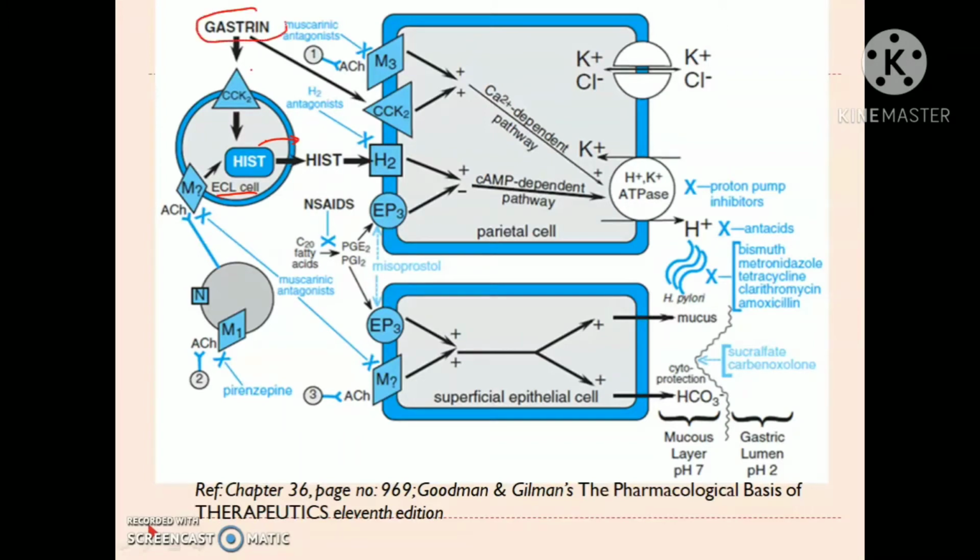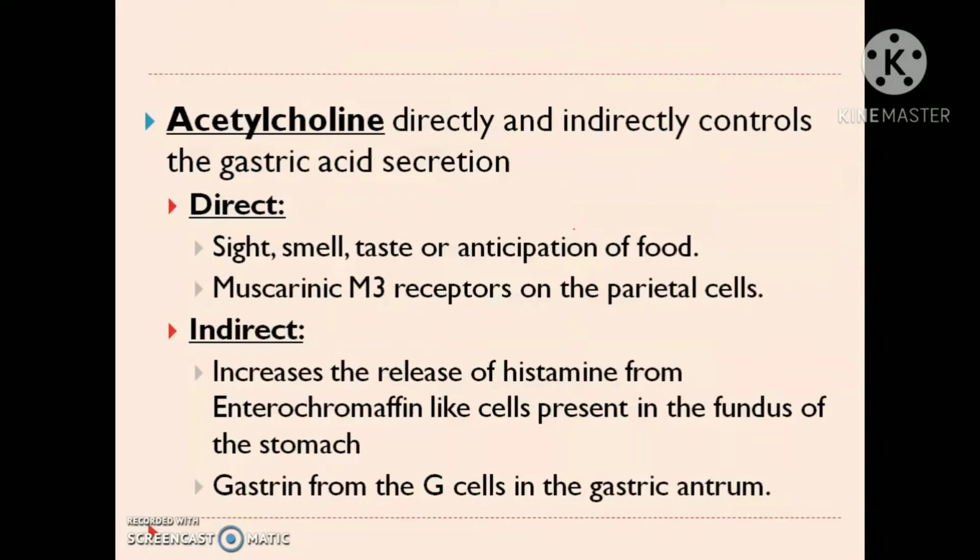Acetylcholine, or the parasympathetic system, directly and indirectly controls the gastric acid secretion. As you all know, whenever you think of food, see food, or smell food, you feel hungry, and that is because of the increased acid secretion in the gastrointestinal tract.